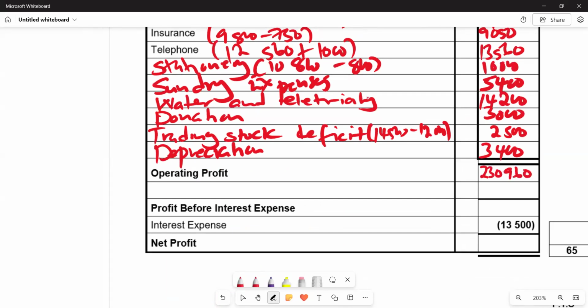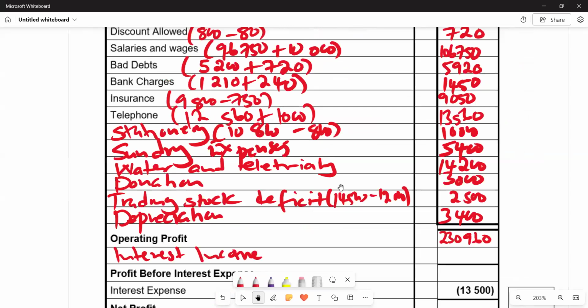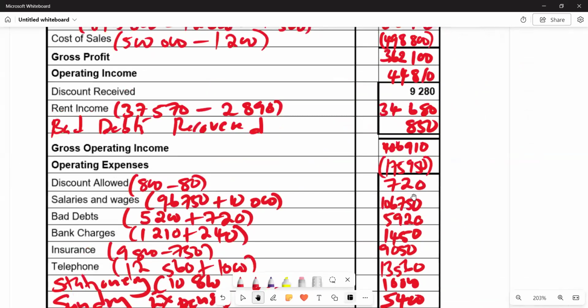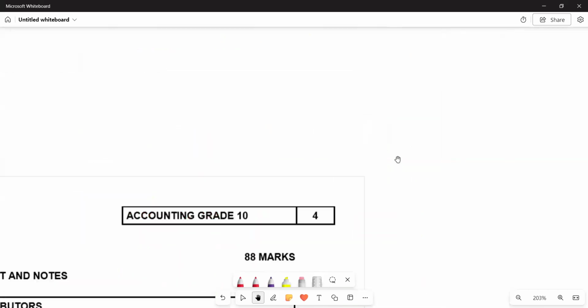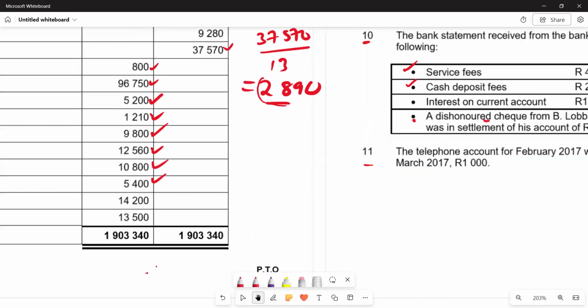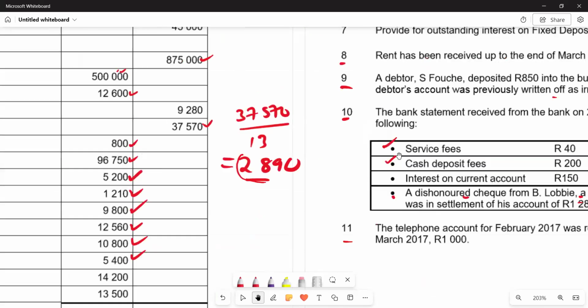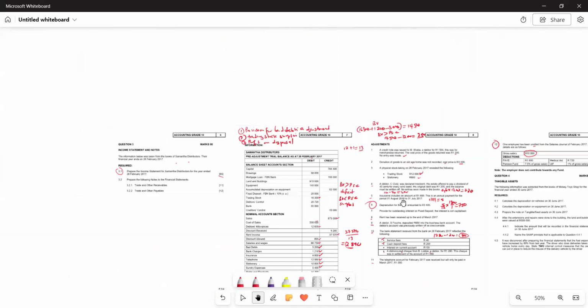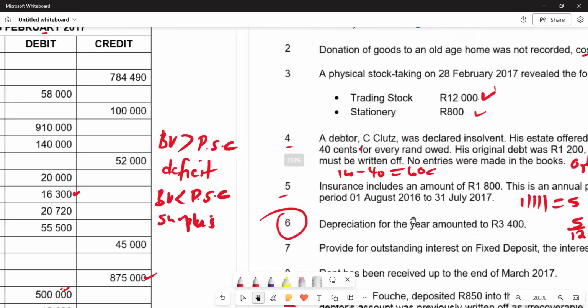And then beneath that, we are going to have your interest income. Remember, we've got interest on fixed deposit. So we go there and try to see what it is saying about interest income. Right, we come here, let's try to see.